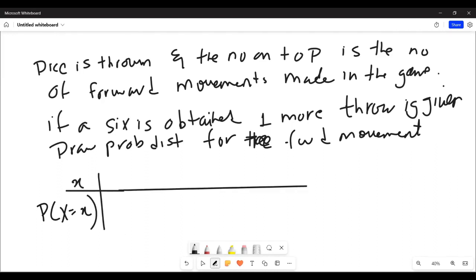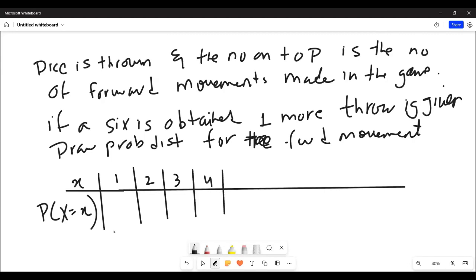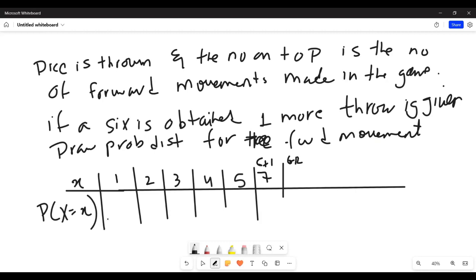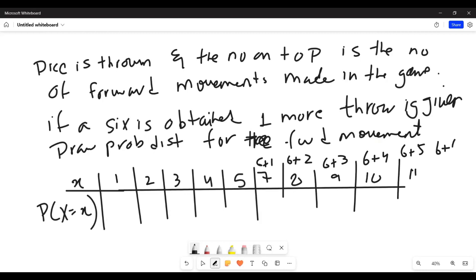ओके, अब इसमें हो सकता है कि आपने डाइस फेंका और आपका 1 आया, डाइस फेंका आपका 2 आया, आपने डाइस फेंका 3 आया, फिर 4 आया, फिर 5 आया, पर फिर 6 आया। लेकिन जब 6 आएगा तो खाली 6 नहीं करना, 6 के बाद एक दफा दोबारा फेंकना है डाइस, तो वो 6 and 1 हो सकता है। तो फिर एक आउटकम 7 होगा, 6 कोई आउटकम नहीं होगा। 6 खाली चालें कभी भी नहीं चली जाती, it's going to be 6 plus the value you get in the next throw. तो ये 6 + 1 से आया, इसी तरह 6 + 2, सो वो हो गया 8, फिर 6 + 3 9, 6 + 4 10, 6 + 5 11, 6 + 6 12.